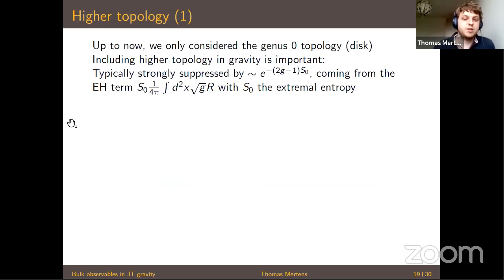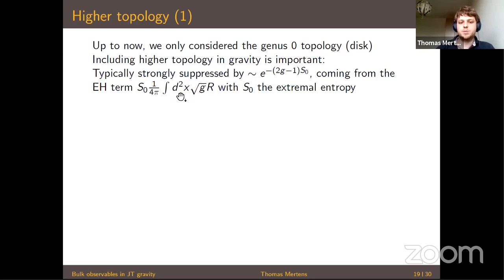As I mentioned, including higher topology is important, and we have learned that especially in the last couple of years. But one typically ignored these in the past because they are strongly suppressed by this kind of factor, where G is the genus of the surface, and S0 would be the extremal black hole entropy. Such a factor you would get by including, next to the JT gravity action, also the Einstein-Hilbert term.